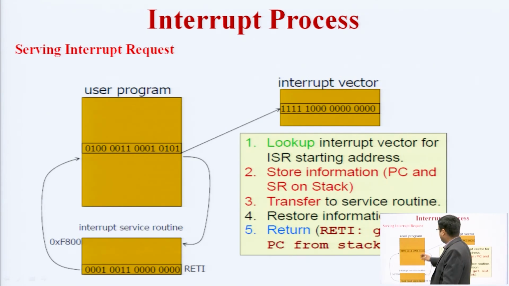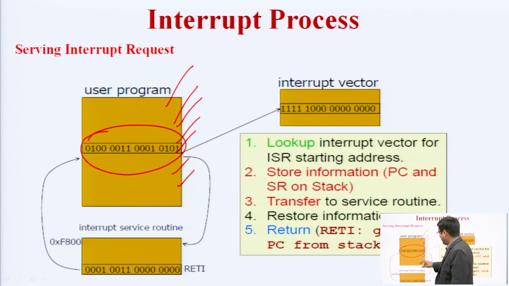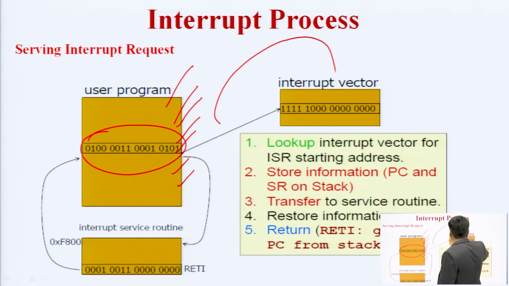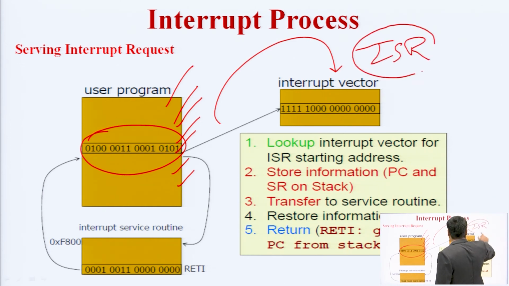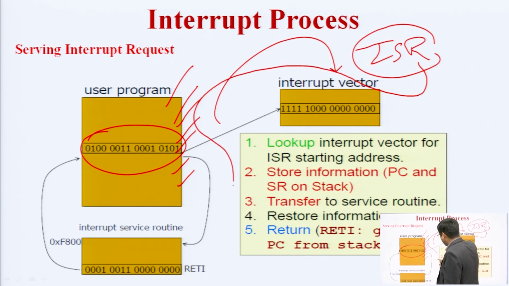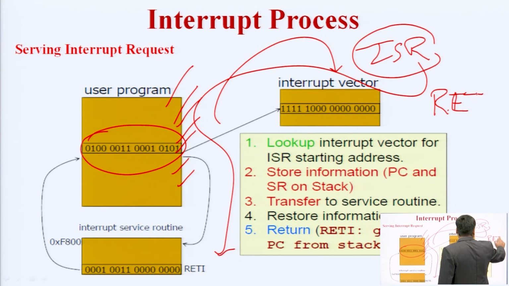Here we can see the user program, the main program, with 16-bit values, but whenever an interrupt occurs, the processor saves its contents and goes to the ISR of the interrupt, and after executing it, it goes back to the main program using RETI, return from interrupt instruction.